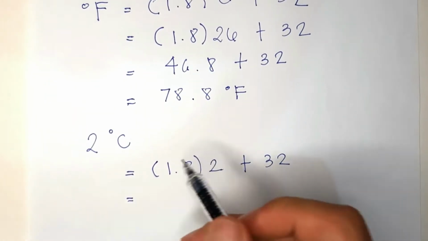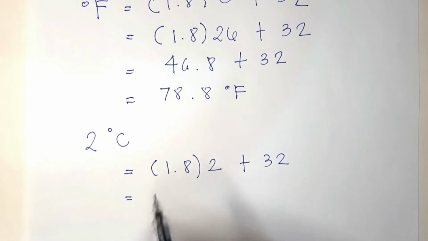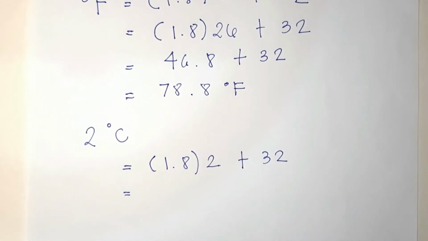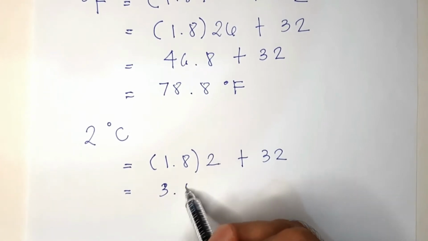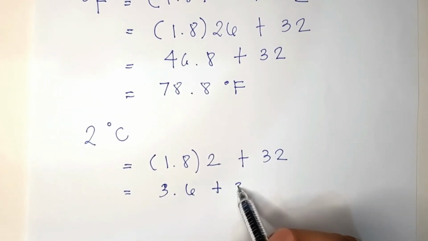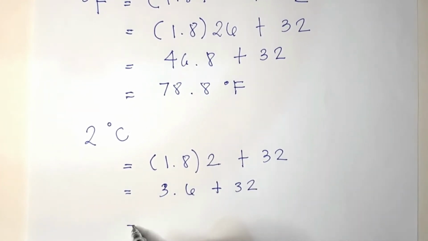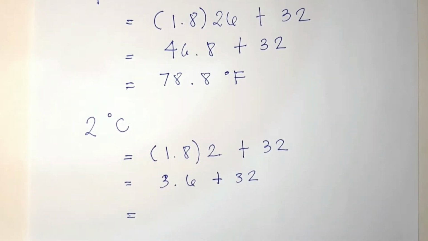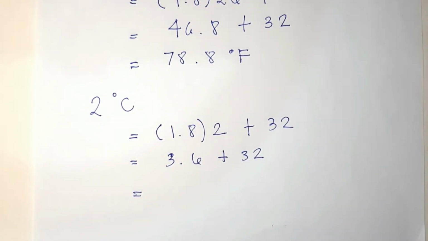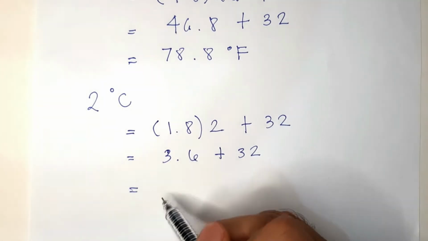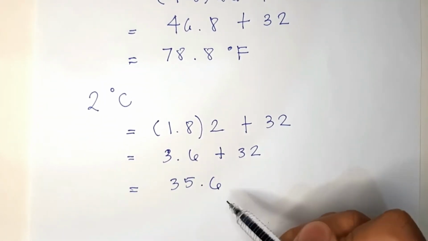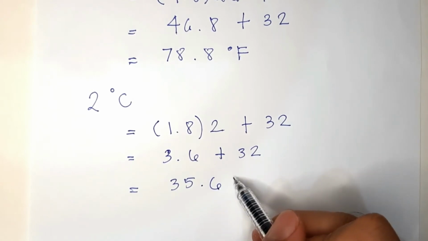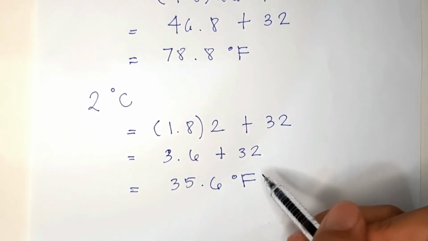We first multiply 1.8 by 2. So the answer is 3.6 plus 32. 3.6 plus 32 is equal to 35.6. So the answer is 35.6 degrees Fahrenheit.